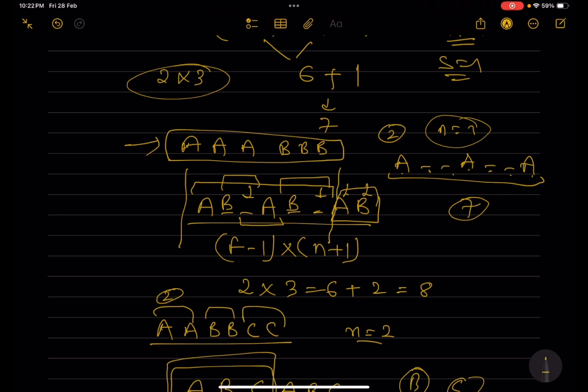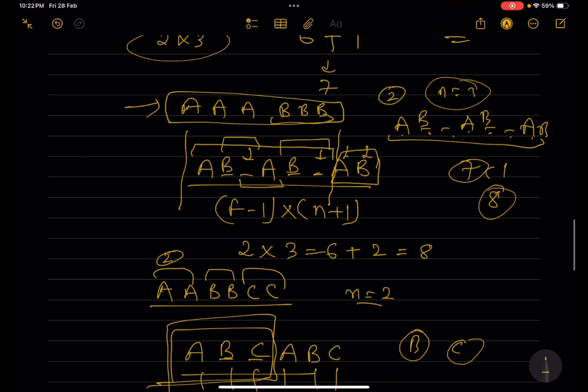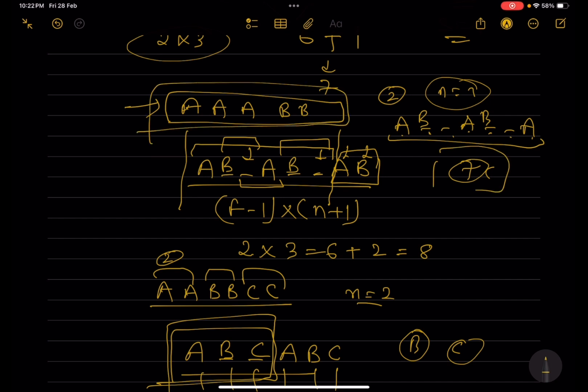Now on top of this, when we have B, to place B, that becomes at least 7 plus 1, 8. If there were 2 B's, then we would have required only 7. That means maximum of this or this, whatever the maximum, that will be our answer.